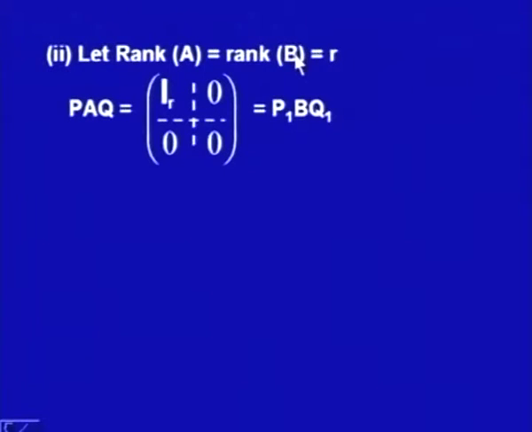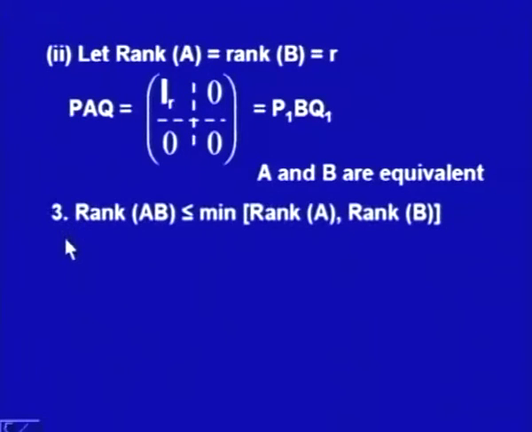And rank B is also r, so this can also be reduced by a series of linear transformations. So, B will be equivalent to this row reduced echelon form. When you apply linear transformations to B, it will be reduced to P1BQ1 form, and when you apply linear transformations to A, it will be reduced to PAQ, and since both of them have rank r, if we can say PAQ is equal to P1BQ1, so A and B are equivalent.